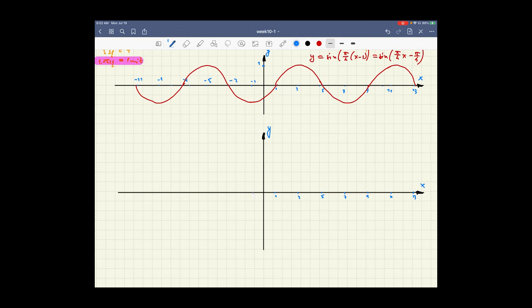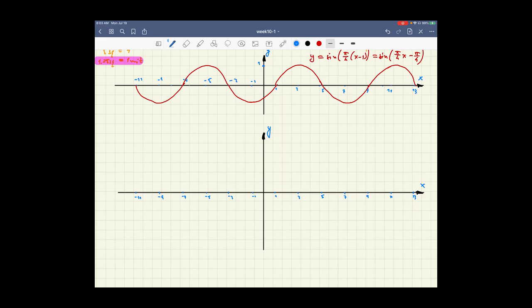And likewise, -1, -3, -5, -7, -9, and -11. The only change is the amplitude.